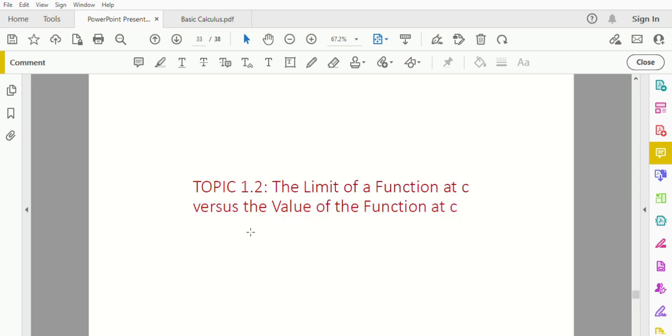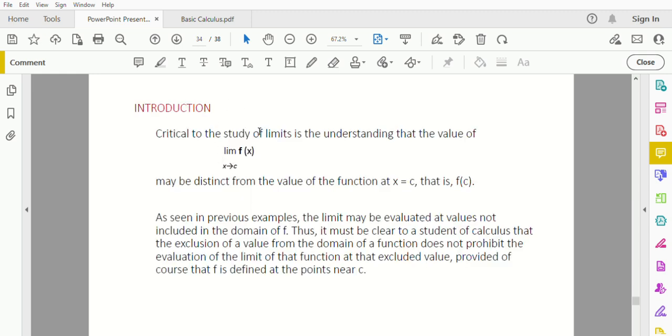Okay, now let's study the limit of a function at c versus the value of the function at c. Critical to the study of limits is understanding that the value of the limit may be distinct from the value of the function at x equals c. So let's study the limit of f of x as x approaches c and the exact value of f at c.